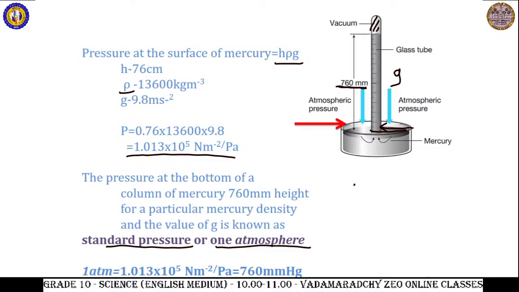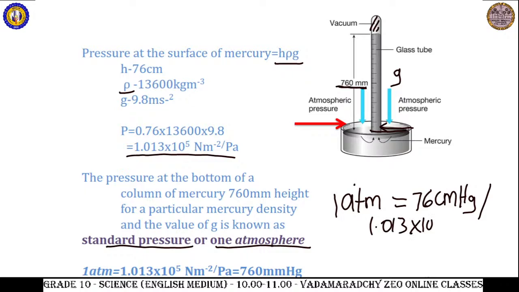So 1 atmosphere is equal to 76 centimeter mercury, or 1.013 × 10^5 newton meter^-2. 1 atmospheric pressure means the pressure generated by a 76 centimeter length mercury column. So 1 atmosphere is equal to 76 centimeter mercury, or 1.013 × 10^5 newton meter^-2.